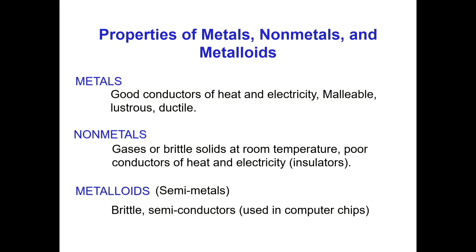For metals, we know the electrons can move between the atoms, so they can transfer electrons. And metalloids are thin conductors, so they are basically used in computer chips. Of course, metals and non-metals have many more properties. Here, we just show some common and simple properties.